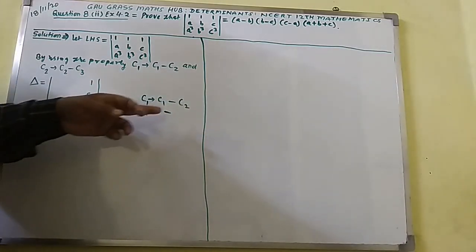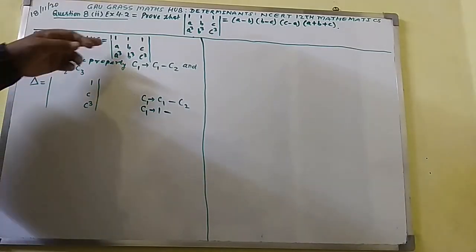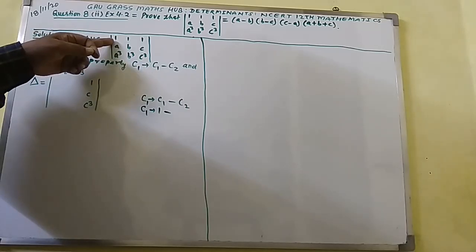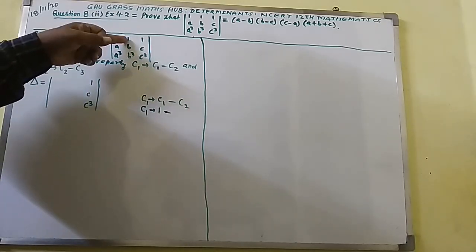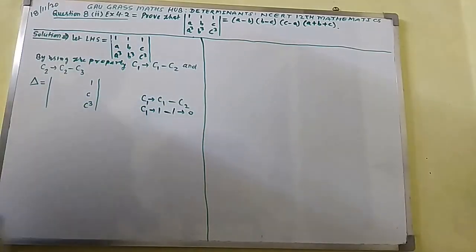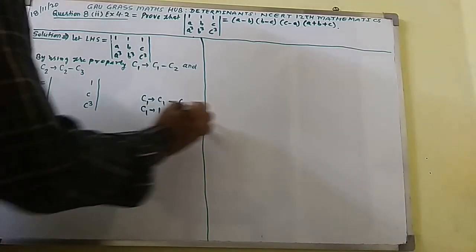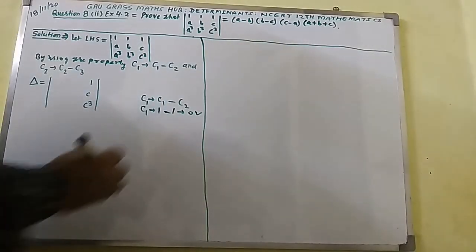And C2 I shall take from here. The corresponding element of 1 in the second column will be 1. So 1 minus 1 goes to 0.